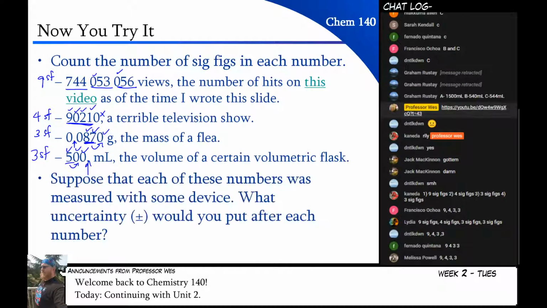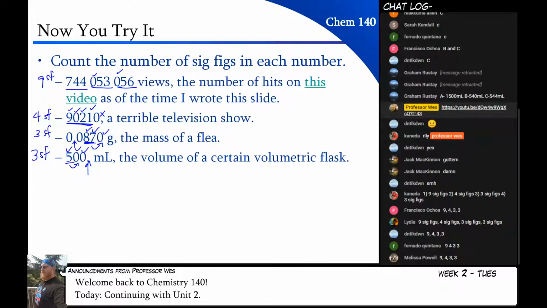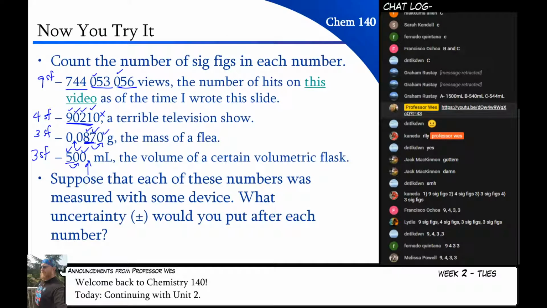Now, this message that I kept accidentally flickering on the screen here, let's put it up here. Let's talk about this just a little bit. I'm going to clear the screen here so I have space to write. So let's suppose that I was using some sort of device to measure these. What uncertainty would I put after each number? As in, where is the uncertainty in my measurement? And so that depends on my sig figs.